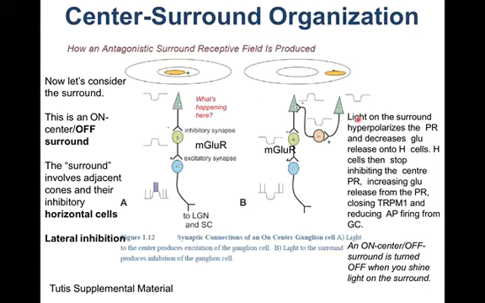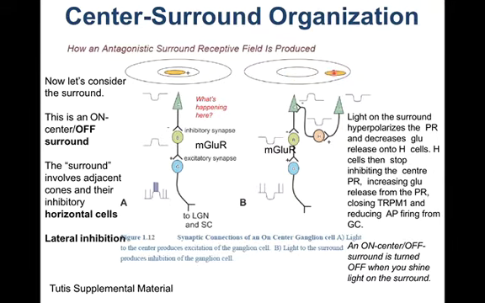If you hyperpolarize your photoreceptor, you will reduce excitation of your horizontal cell. And if you reduce excitation of your horizontal cell, it will no longer be inhibiting your central cone.